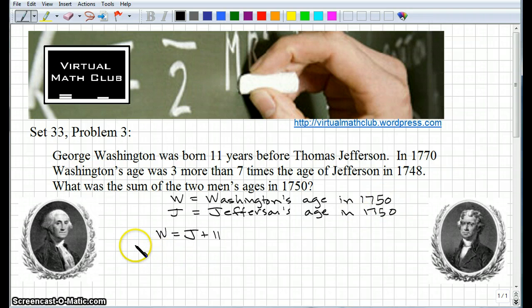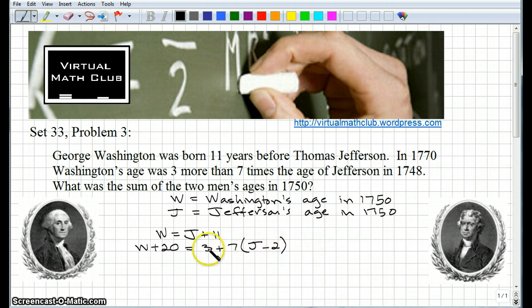So we're going to write Washington's age in 1770, which is 20 years after his age in 1750, is equal to 3 more than 7 times Jefferson's age in 1748, which is actually 2 years earlier than 1750. So we have to subtract 2 years to get Jefferson's age in 1748. All right, you see how I got that?